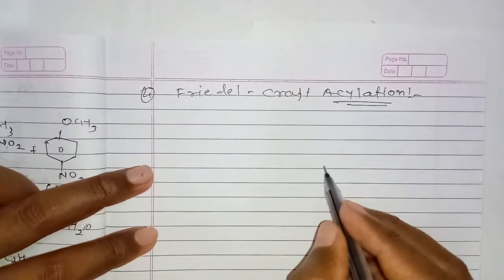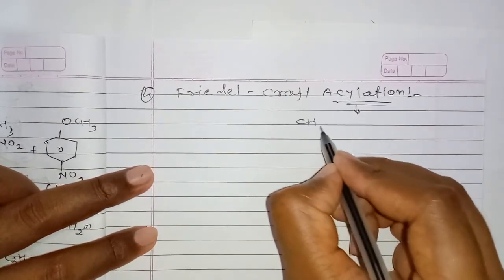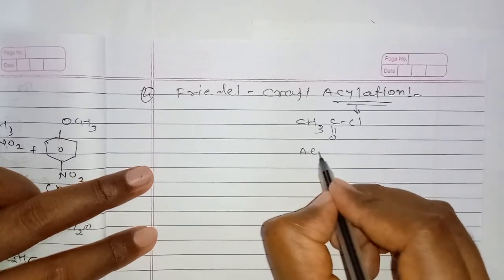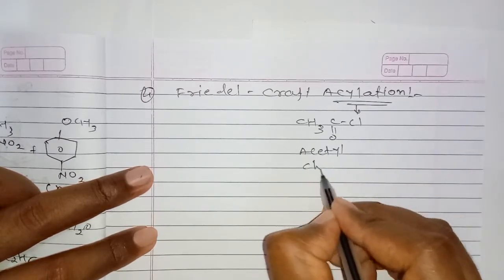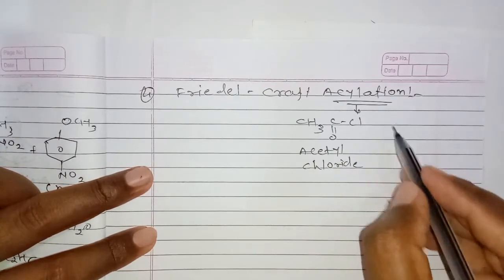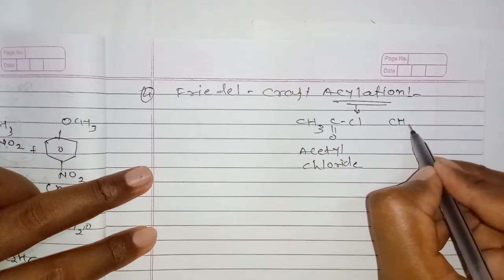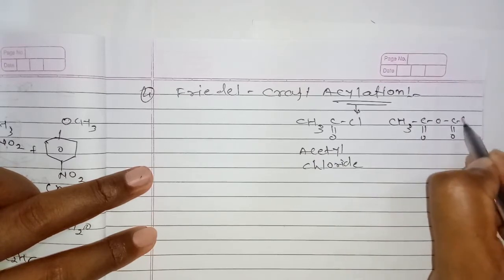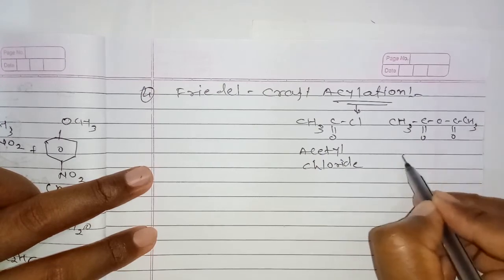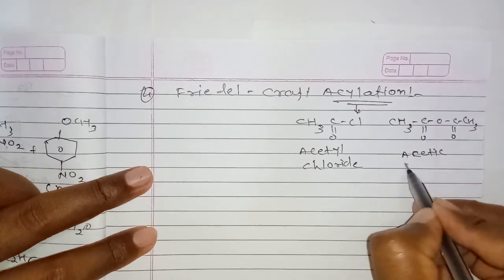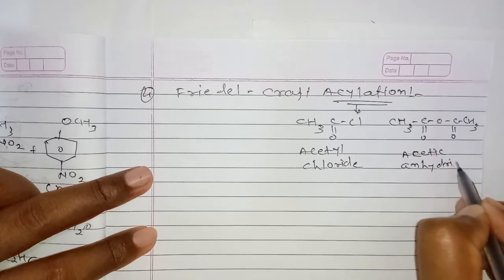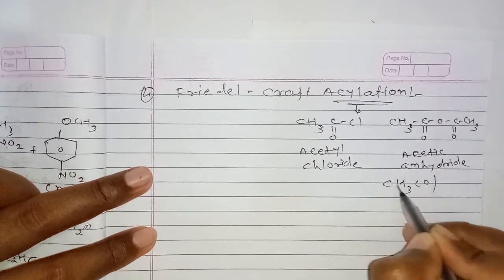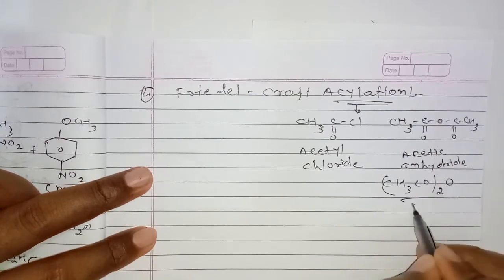Mainly acylation is carried out with acetyl chloride and acetic anhydride, CH3 C double bond O CO CH3, acetic anhydride, or it is written as CH3CO twice O.